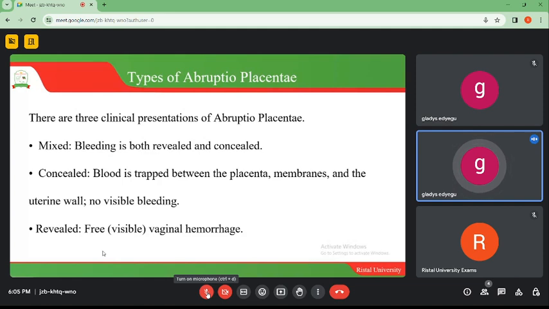So there are three: mixed abruptio placentae where the bleeding is both revealed and concealed. Then there is concealed where the blood is trapped between the placenta, membranes, and the uterine walls, and there is no visible bleeding when you examine the mother. Then the other one, the revealed one, is where there is vaginal hemorrhage. You will see the blood flowing from the mother's vagina.